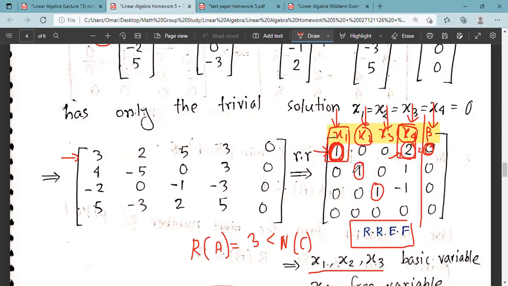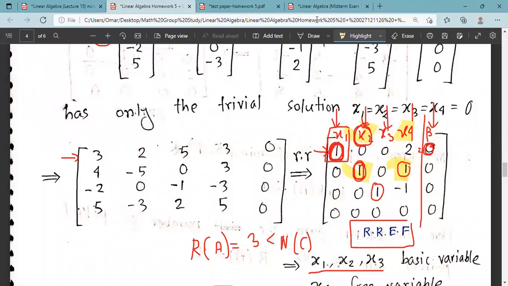The same goes for the second row. Here our pivot point is 1. So 1 multiplied by x2 is x2, and 1 multiplied by x4 is also x4.